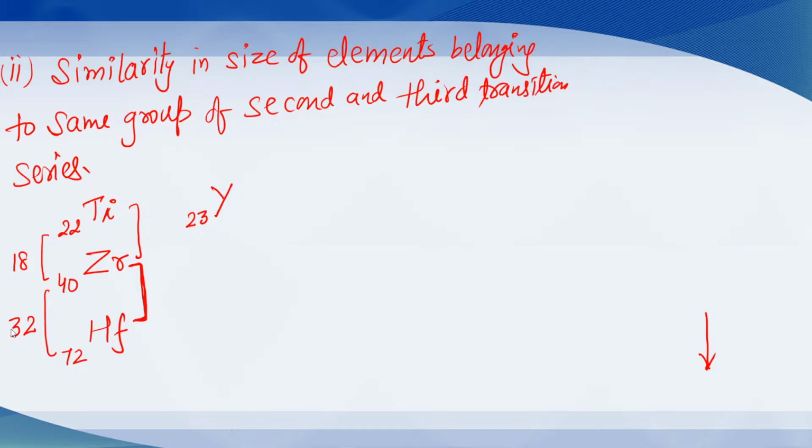And due to the presence of those 14 extra f electrons, which have imperfect shielding, the effect of nuclear charge is more, and that's why the effect of the extra shell is less. That's why zirconium and hafnium have almost the same size.